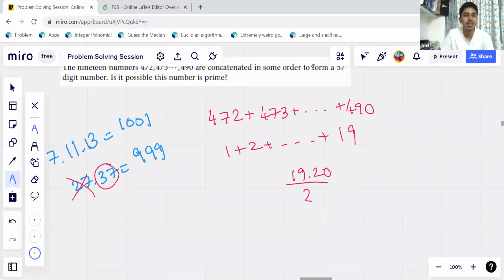What is 102 mod 37? 111 is 0, so minus 9. So it's minus 9, minus 8, minus 7, and we go on till what?